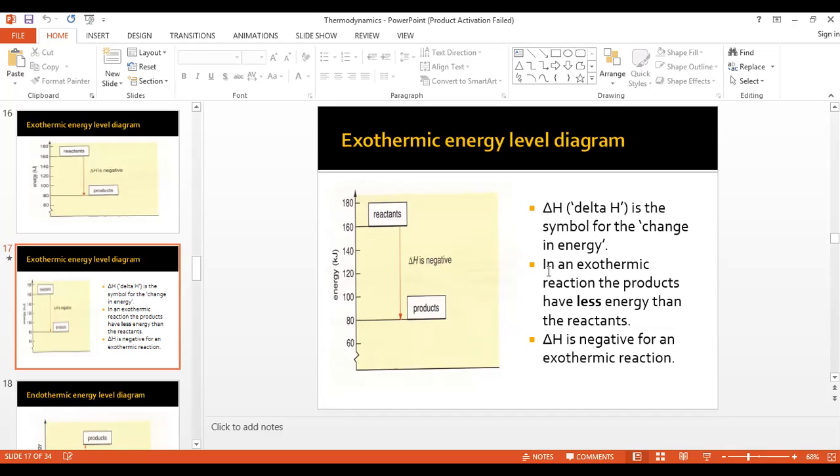So point number 2 will help you understand that in an exothermic reaction, the products have less energy, because they are down, less energy than the reactant, and delta H is negative for an exothermic reaction. So you need these 3 points written with the diagram. And this diagram you can draw in this way for the exothermic case.